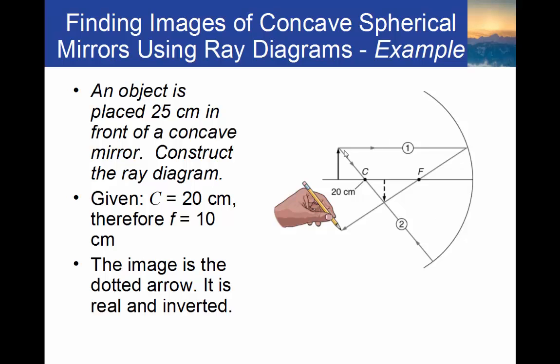You draw one ray which is parallel to the principal axis, and that ray is going to reflect through the focal point. Then you draw your next ray so that it goes through the center, and that ray is going to hit and then reflect directly back along the direction that it came in, and wherever these two rays cross, that's where the image is formed.